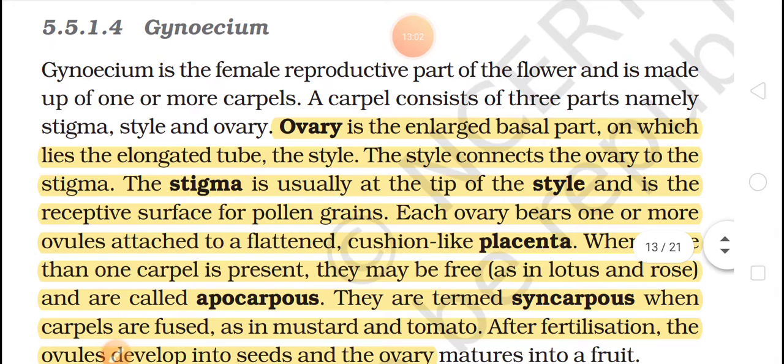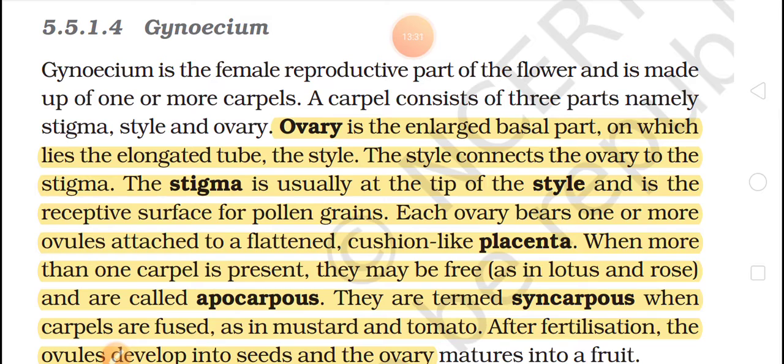Next, the fourth part of the flower is gynoecium. Gynoecium is the female reproductive part, and it is made up of one or more carpels. So the gynoecium consists of three parts. Number one, stigma. Number two, style. And number three, ovary.